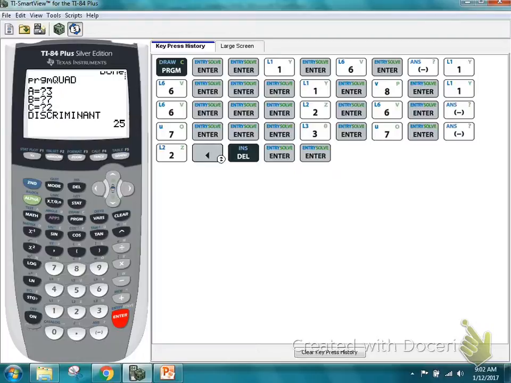Discriminant's 25, but your answers are negative 1/3 and negative 2. All right, the negative 2 shouldn't be weird. What should be the odd surprise there is the negative 1/3. So if your answers are going to be fractions, it'll show the fraction. If it's a nice fraction, it'll show the fraction. I have that set up in your program for you. So that way, you don't have to worry about, like say the answer is 1/4.